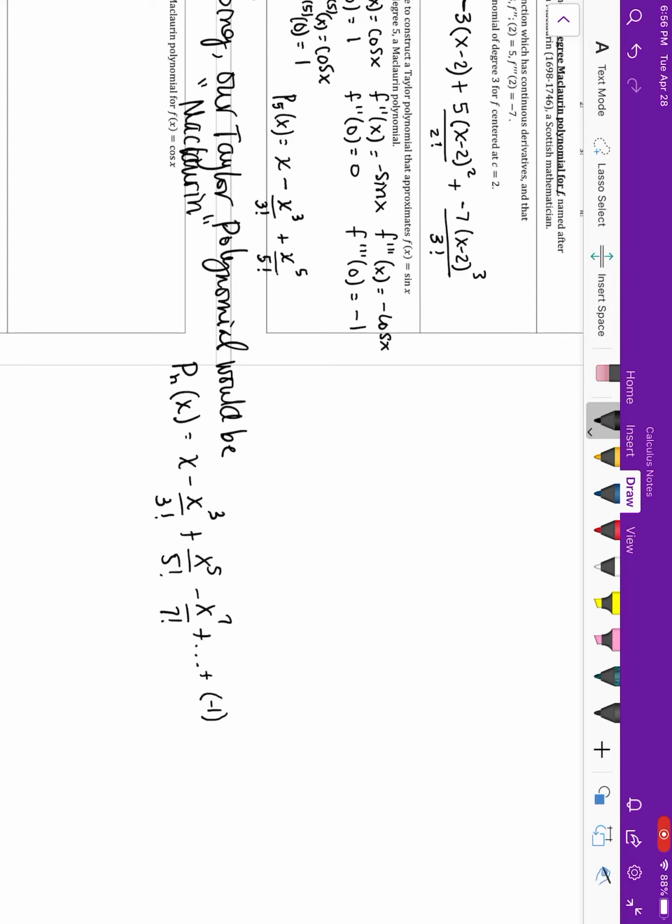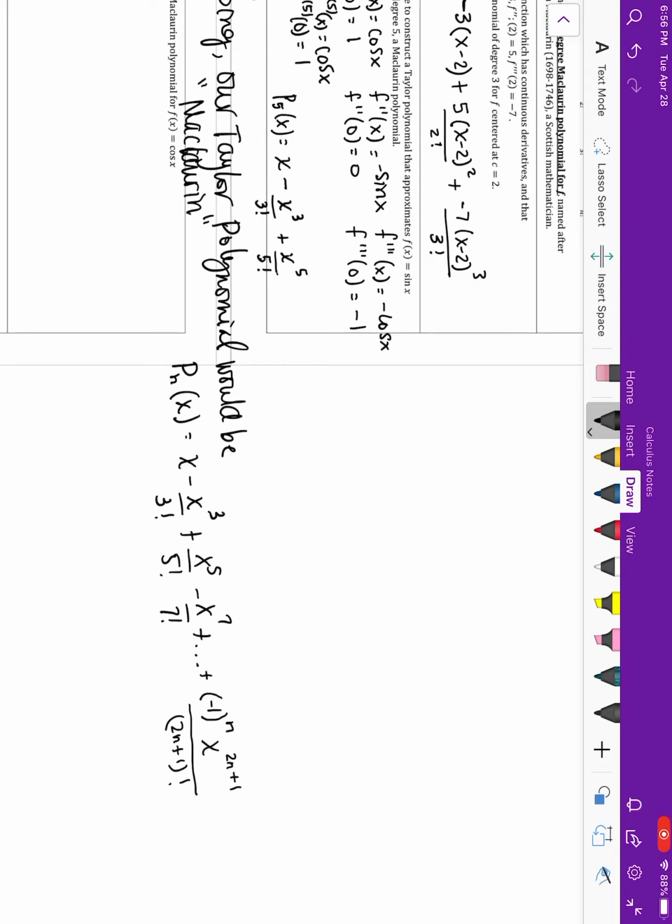And that last one, to get it to change from positive to negative, we're going to put negative 1 to the n. And to make sure that we have an odd number here as a power, we're going to say 2n plus 1. And we're going to divide that by, we want odd numbers for factorial.